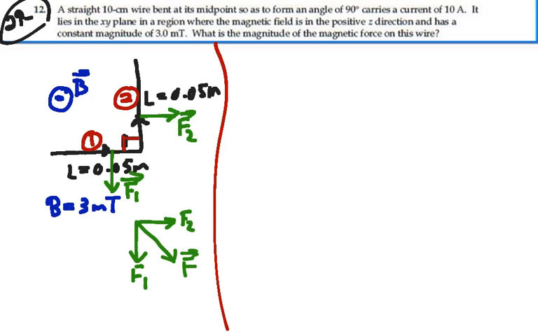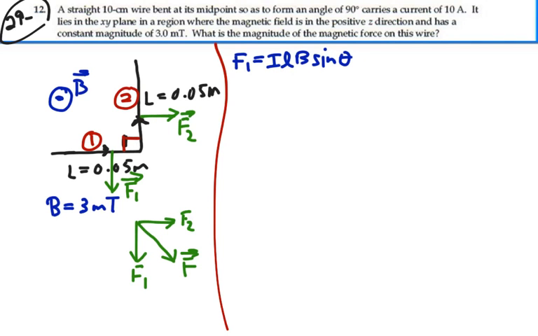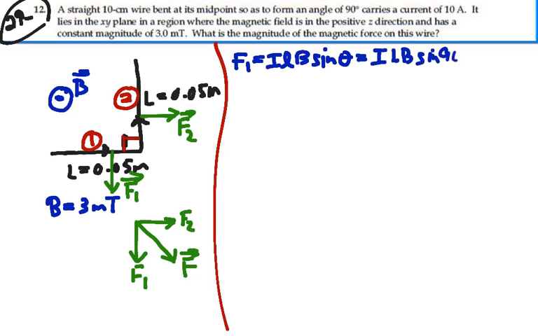The magnitude of F1 is going to be I L B sine theta, and that's going to be I times L times B sine 90 degrees.